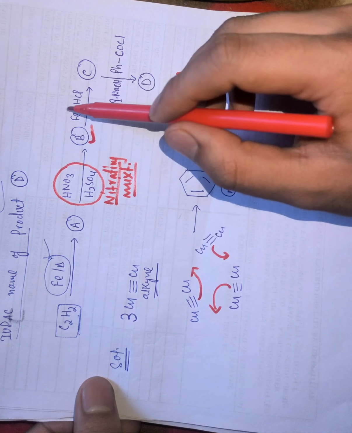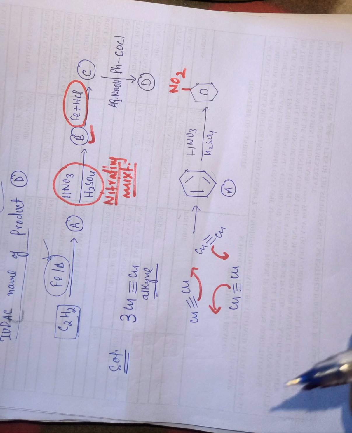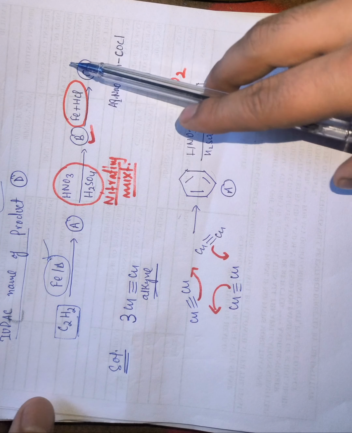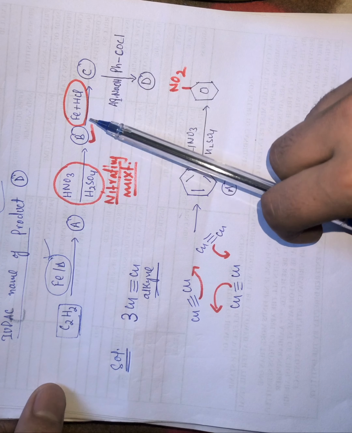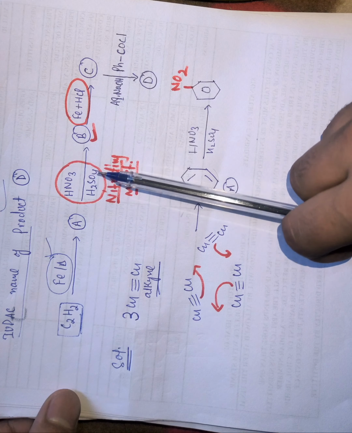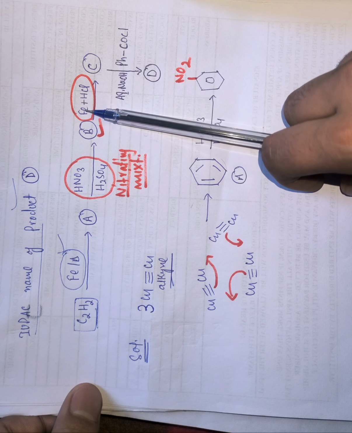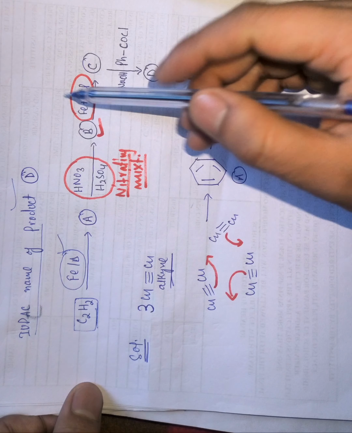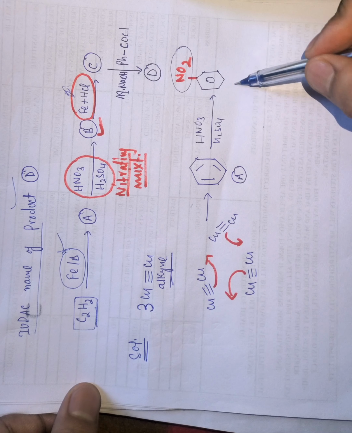This is B. Now this nitrobenzene is then treated with iron and FeCl3. Remember, this is also given in NCERT in 12th class in the chapter on organic compounds containing nitrogen, that is amines. When nitro compounds are reduced by using iron scraps, that is iron and concentrated HCl, the nitro group gets reduced to an amine group.